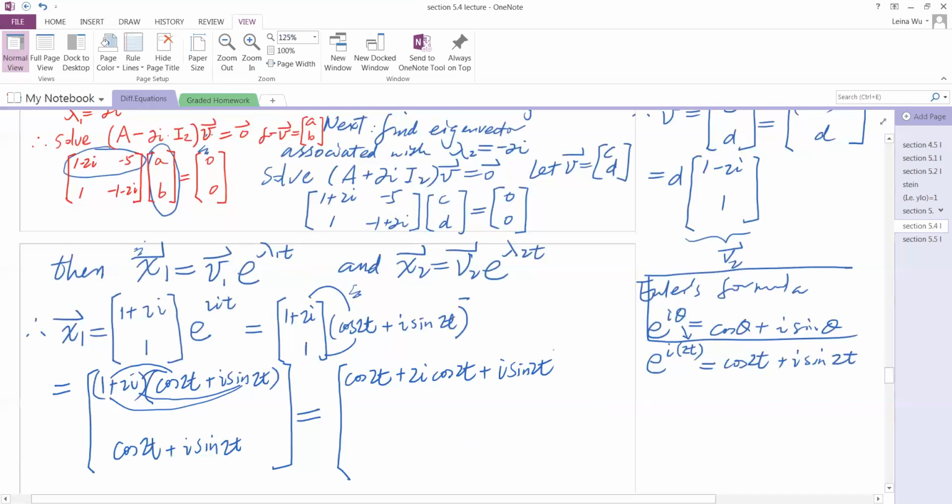And here is minus 2 sine 2t. That's the first part. And then here's cosine 2t plus i sine 2t, right?